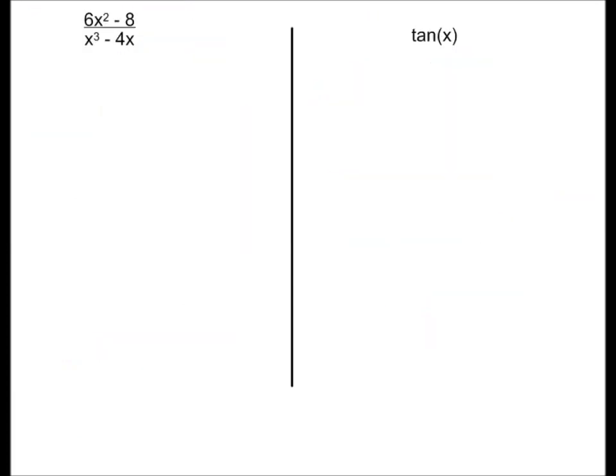And finally, let's have a look at our fractional ones. So if I wanted to integrate 6x squared minus 8 over x cubed minus 4x, well, the hardest bit is thinking about integration by recognition and spotting that when I differentiate this, I'm going to get 3x squared minus 4, and to get the bit on the top, I just need to times by 2.